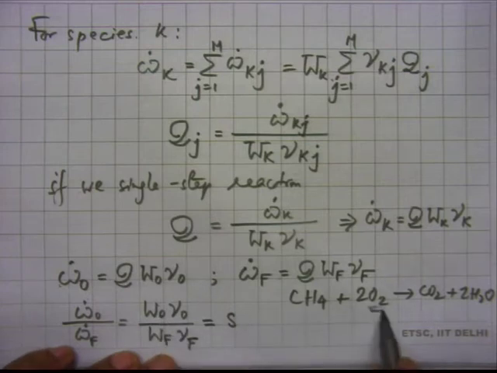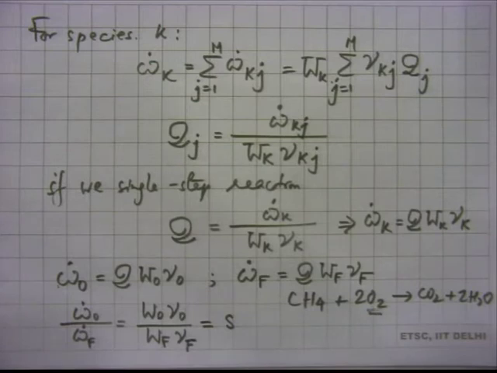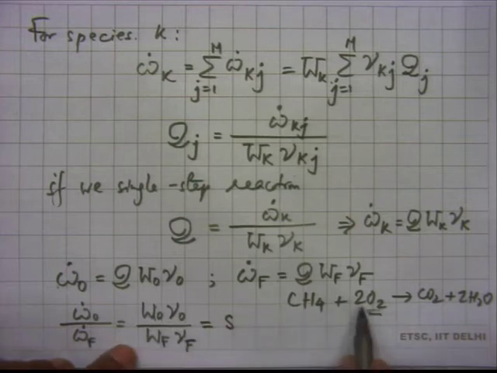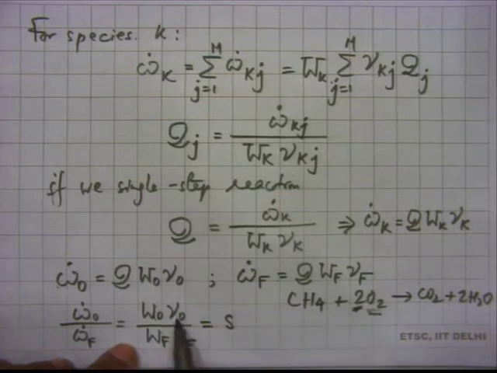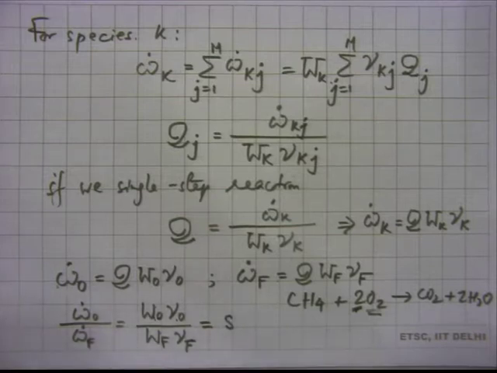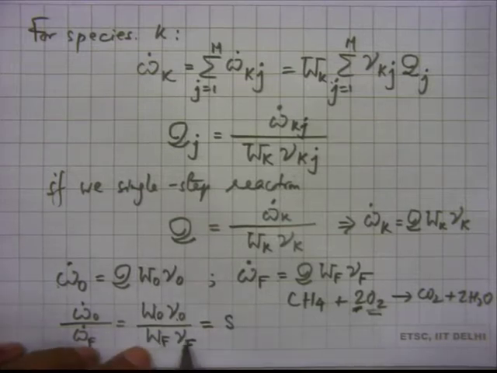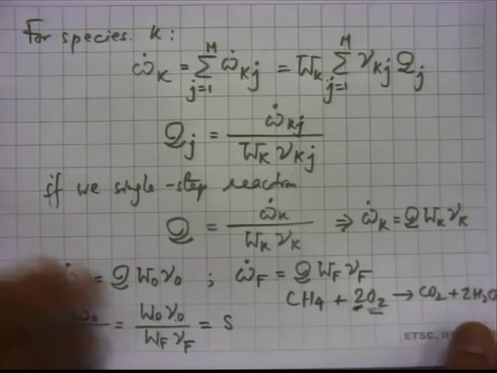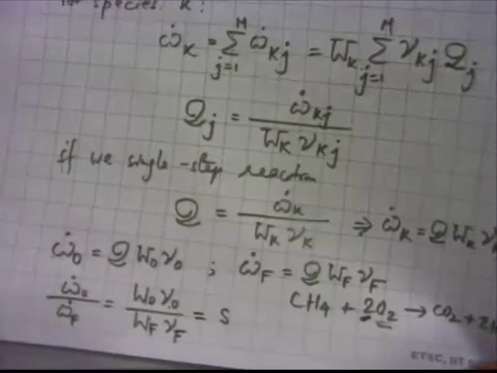Mind you, we are writing just oxygen burning CH4, just oxygen oxidizing that CH4. We are not writing air. So, this WO in that case becomes the molecular weight of oxygen, which is just 32, and then multiplied by this 2. What is this 2? 2 must be that nu O. Okay. So, that will give you 64, and here you have 16 into 1. So, 64 by 16 will give you 4. So, that is S. So, these are lots of notations, but it is actually pretty simple stuff so far.